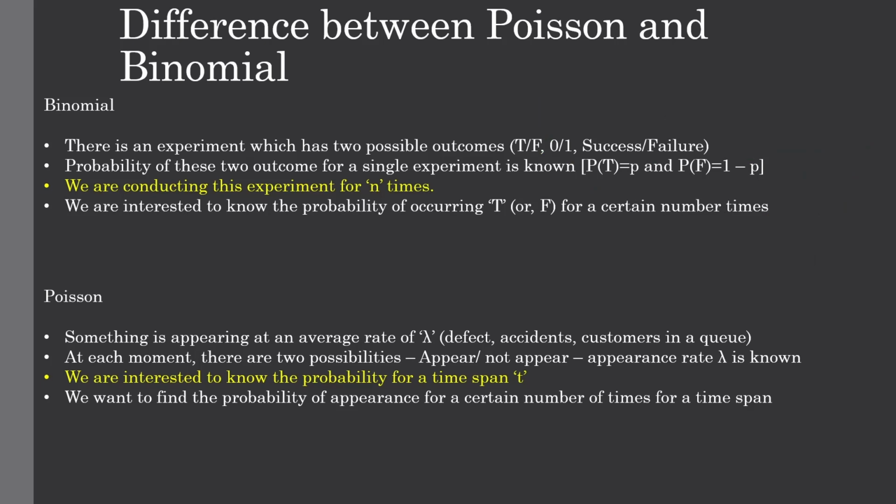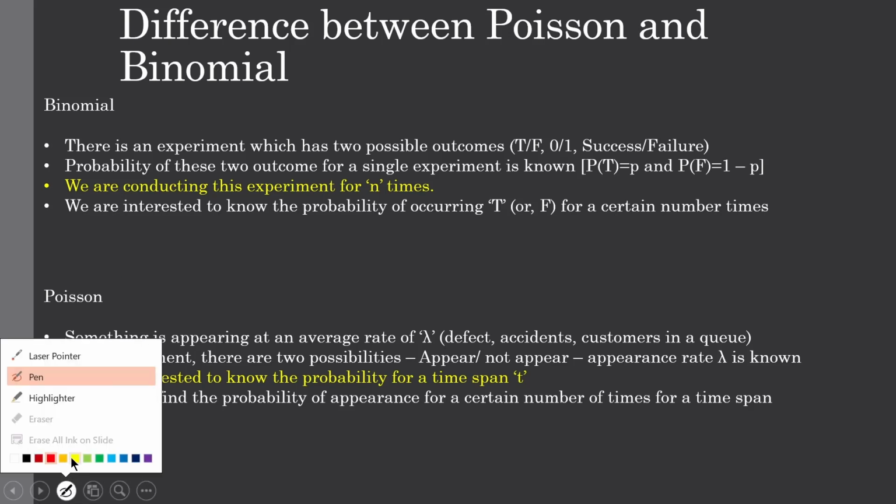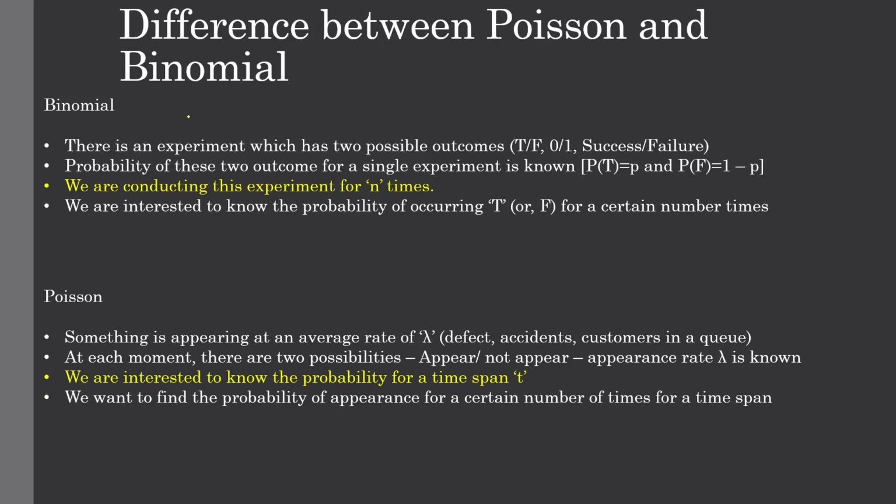So let us try to see the binomial and Poisson distribution point by point. So first of all, note that when we were discussing binomial distribution, then we had exactly two outcomes: true, false, or 0, 1, success, failure, like that. Exactly two outcomes were possible.